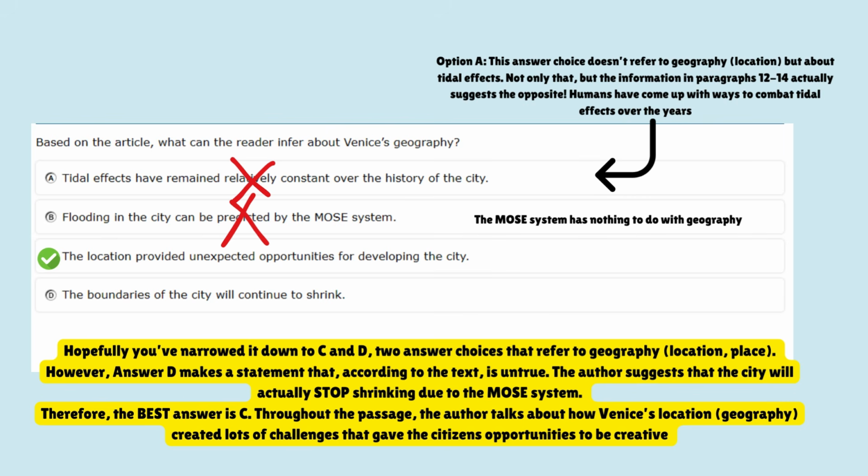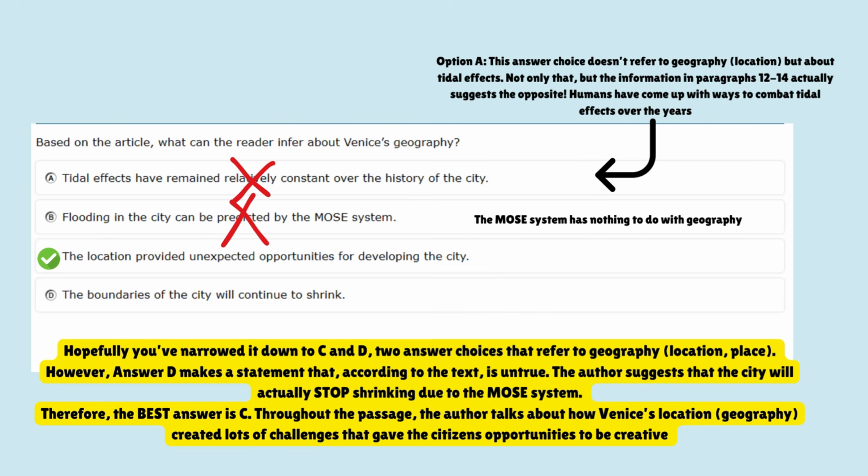All right, so which answer choices did we get rid of? A, tidal effects have remained relatively constant over the history of the city. Option A does not refer to geography, but to tidal effects, which is more of a scientific concept. There might be some overlap with geography, but it's not specifically geography.